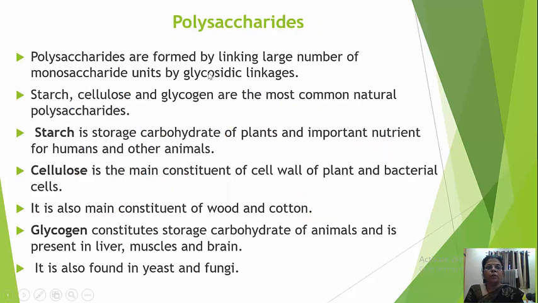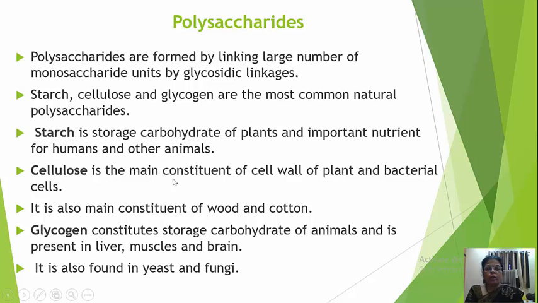Now we are going to see polysaccharides. Now polysaccharides are formed by linking large number of monosaccharide units by a glycosidic linkage. Starch, cellulose and glycogen are the most common natural polysaccharides. Starch is a storage carbohydrate of plants and important nutrient for human and the other animals.